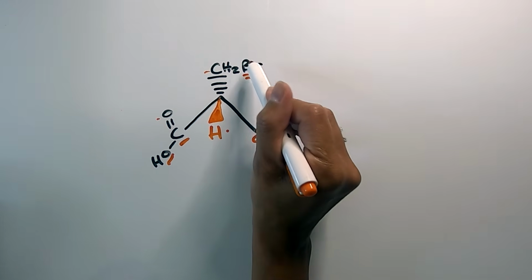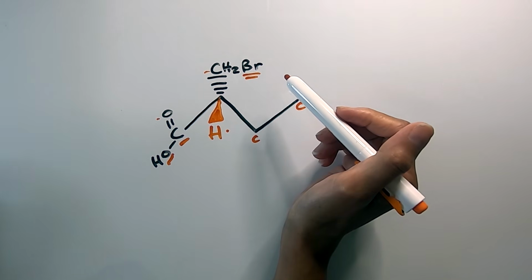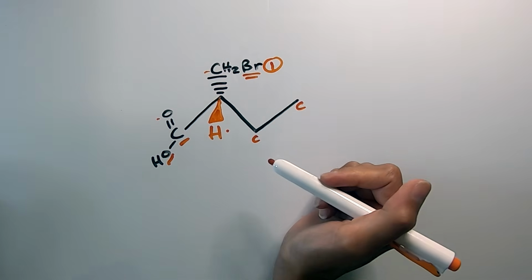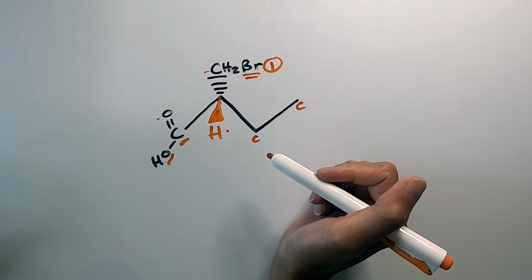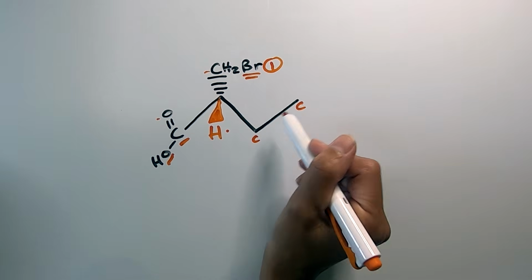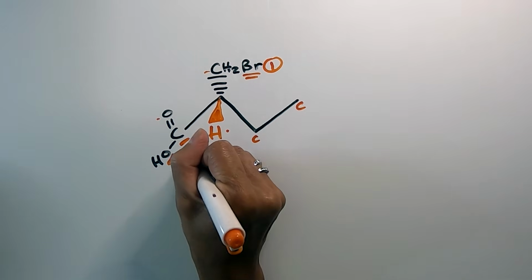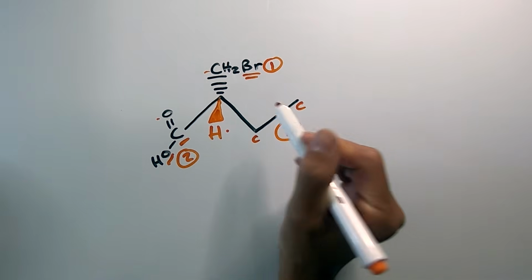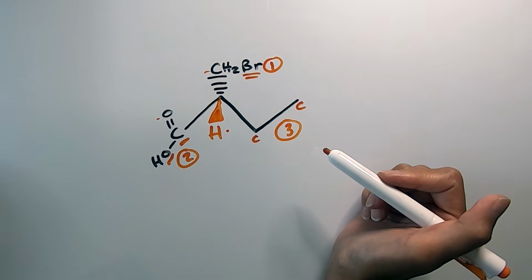But I already know that bromine has the highest atomic number here, so it's the fanciest atom. So this will get priority 1. Oxygen is the next fanciest atom for its highest atomic number between it, oxygen, and carbon. So this will be priority 2, and therefore this will be priority 3. And like I said, hydrogen is priority 4.